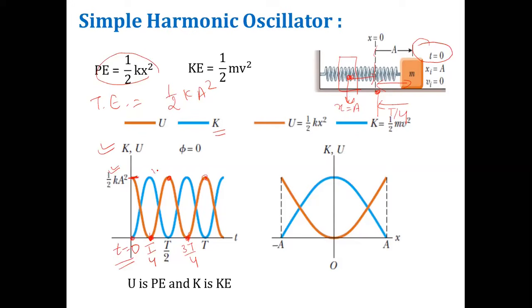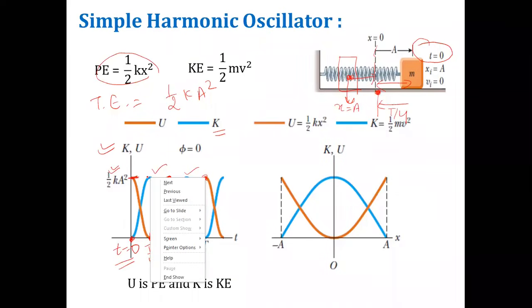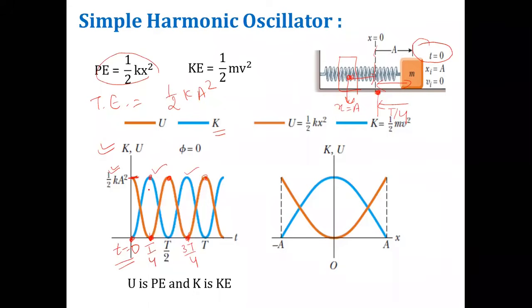If you talk about the blue curve here, at these points initially your kinetic energy was 0, right? You come to the equilibrium position after 1 by 4th of the cycle. At equilibrium position, your velocity is maximum, and all of the energy is going to be equal to your kinetic energy, and that is why at t equal to T by 4 you will have your whole energy in the form of kinetic energy.